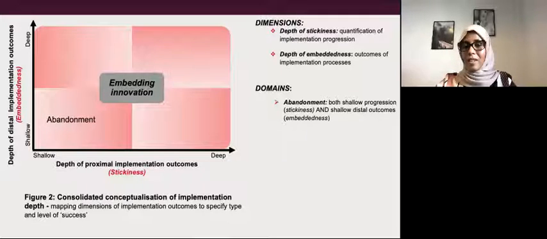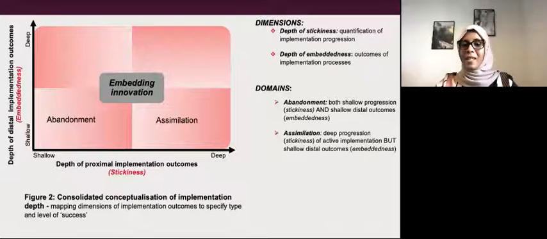And here at the bottom left, which represents both shallow progression, stickiness, and shallow distal outcome, embeddedness. Next, we have the assimilation on the bottom right, which represents when there is a deep progression, stickiness of active implementation of the innovation, but shallow distal outcomes or shallow embeddedness.